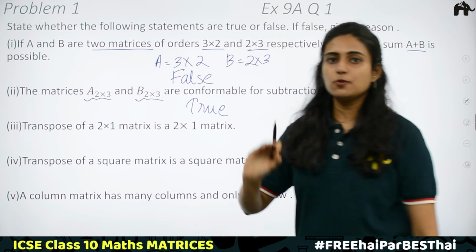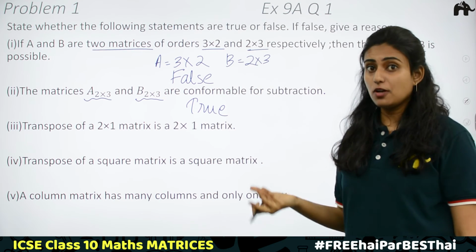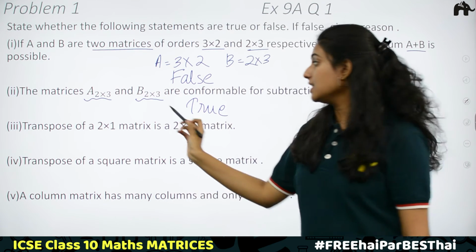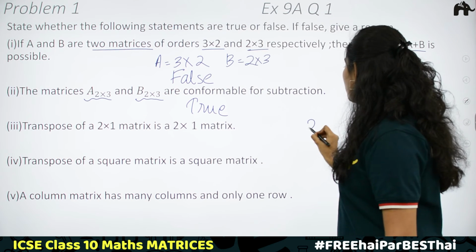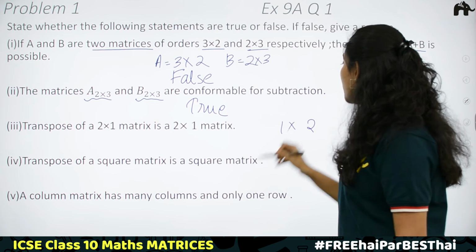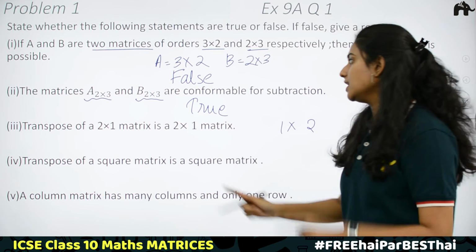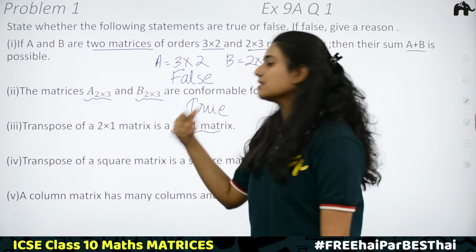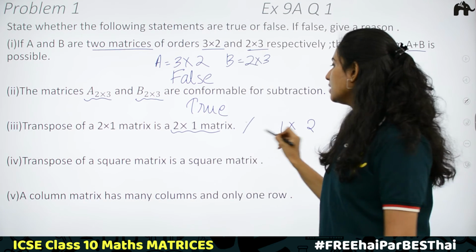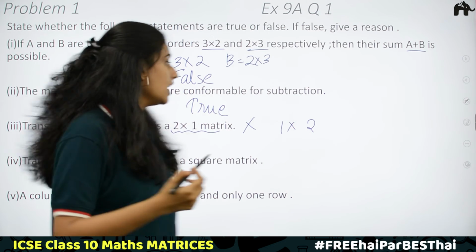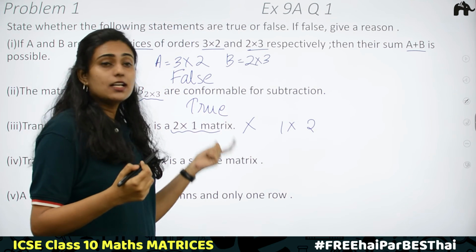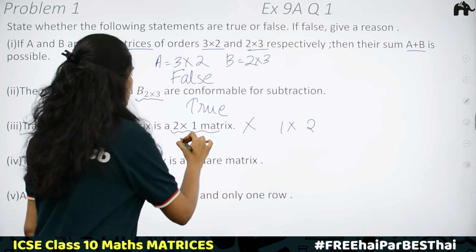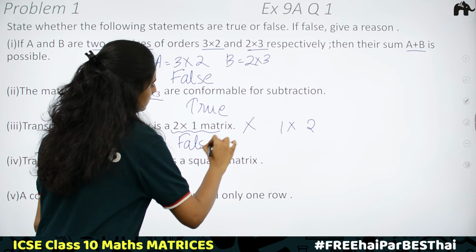In case of a transpose matrix, number of rows becomes number of columns. In that case, this should be interchanged. Here you have 2, here we will have 2, and it becomes a 1 by 2 matrix. Just interchange the number of rows and columns. It is given that the transpose is a 2 by 1 matrix, which means the statement is false. And the reason is that for a 2 by 1 matrix, the transpose will be a 1 by 2 matrix because there is an interchanging of rows and columns.